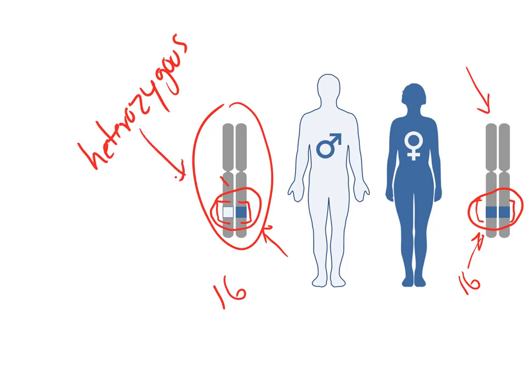So they might have an allele, for example, that codes for blue eyes and the other one that codes for brown eyes, and the result of that would be a brown eye phenotype, for example. On the other side, right here, we have the same alleles, and in that case, we say that this is, of course, homozygous.